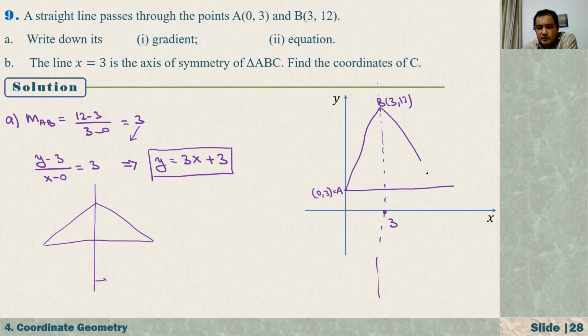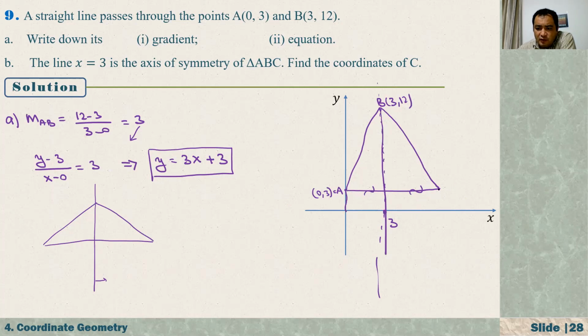It will be somewhere here, right? Unfortunately, I cannot use a ruler here, but in some other software we can. So anyway, that is a line of symmetry passing through here. That means this part is equal to that part. We know that that one is 0 and that one is 3.